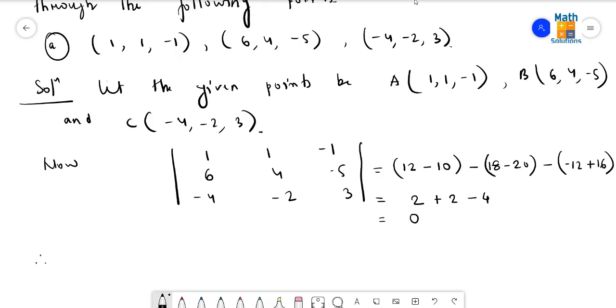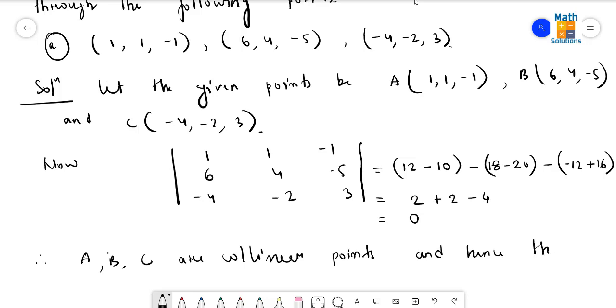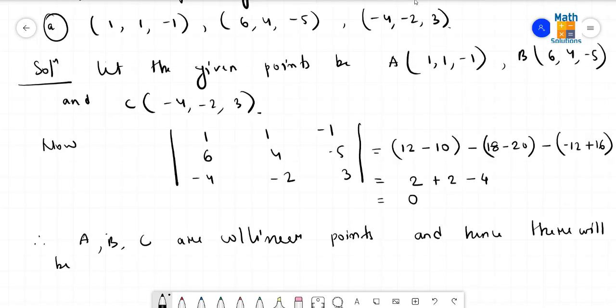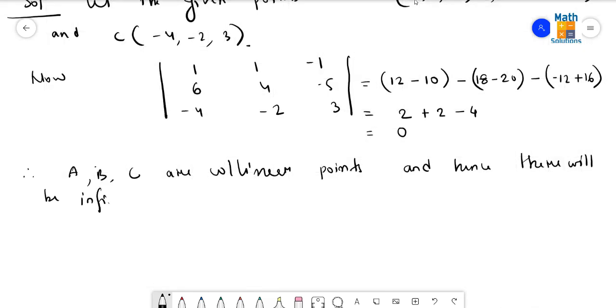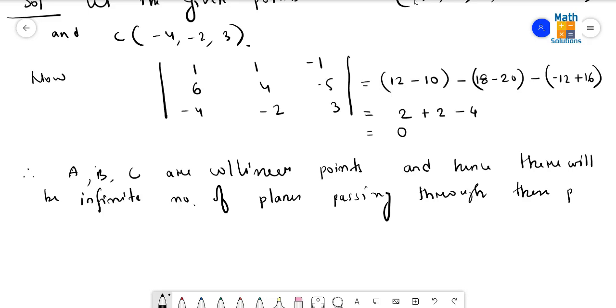So we shall write here: hence A, B, C are collinear points, and hence there will be infinite number of planes passing through these points. So this is the answer of the first part of this question.